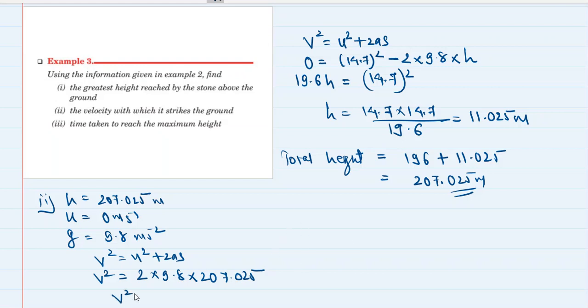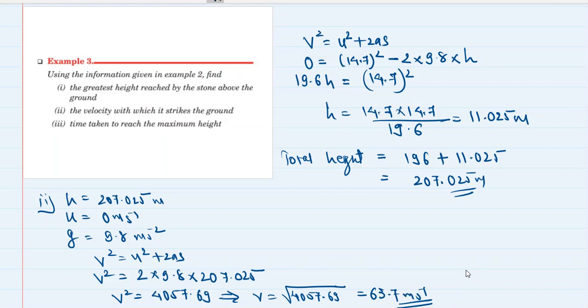So v square is equal to 4057.69, which implies that v is equal to the square root of 4057.69. The square root is approximately 63.7 meter per second. So the stone will strike the ground with this velocity, 63.7 meter per second.